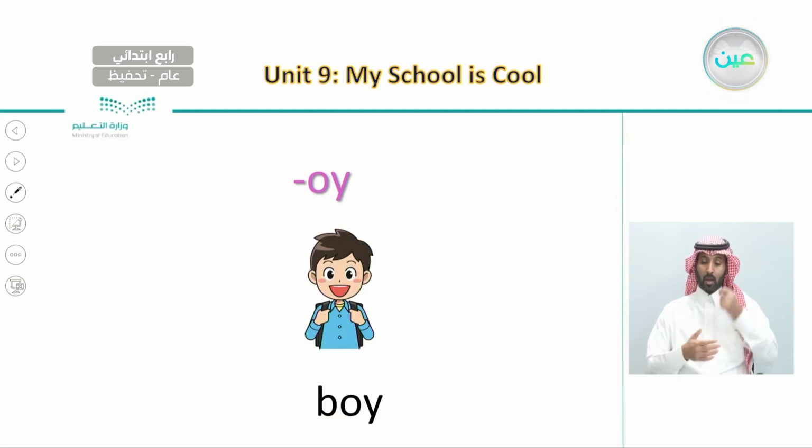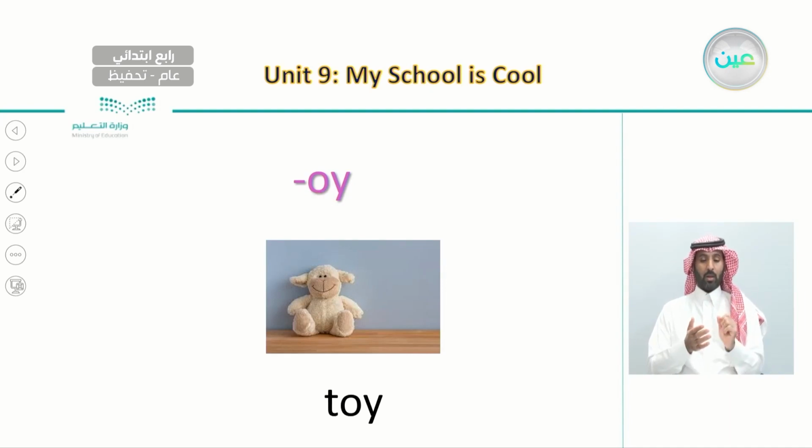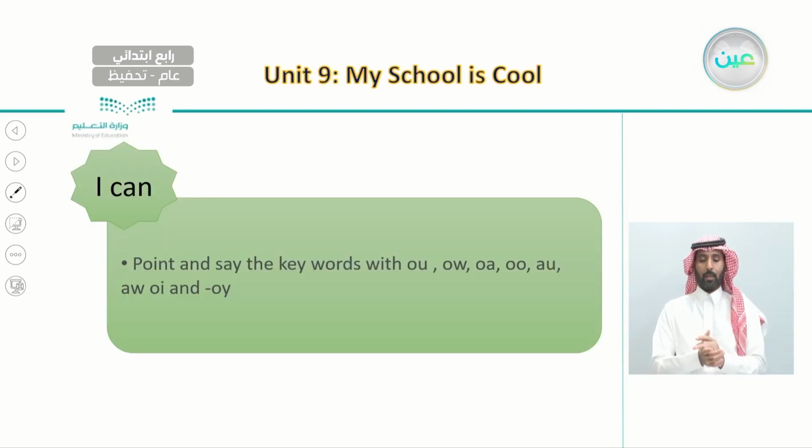And the last sound we have is words that end with O and Y, like, for example, boy. And also another word that ends with the sound of O and Y, which is toy. Toy.